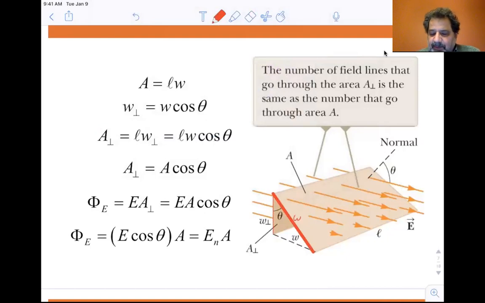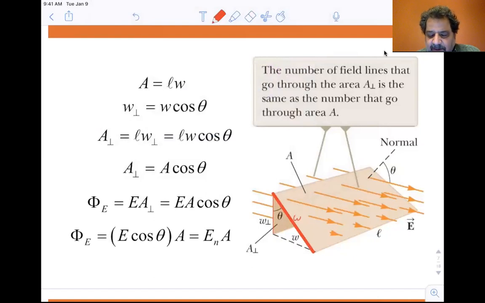So the perpendicular area that's hanging down is equal to L times W perpendicular, which is LW cosine theta. LW is the area, so A perpendicular is equal to A cosine theta.